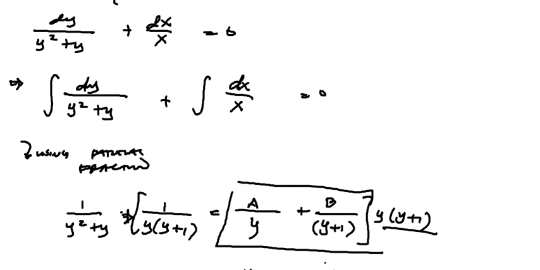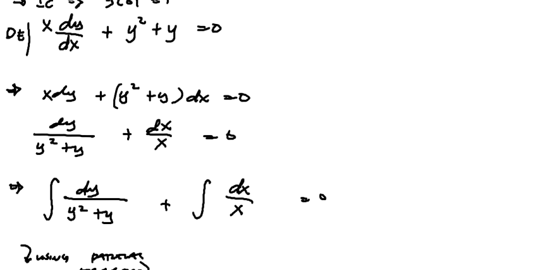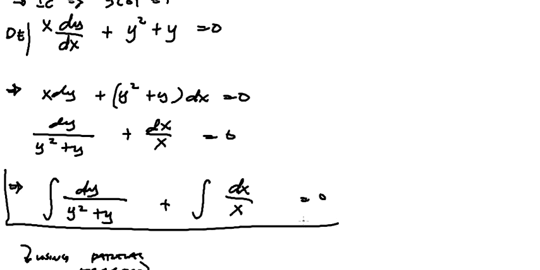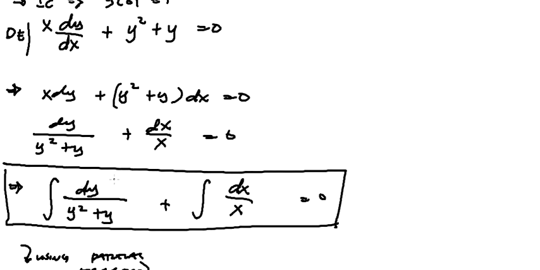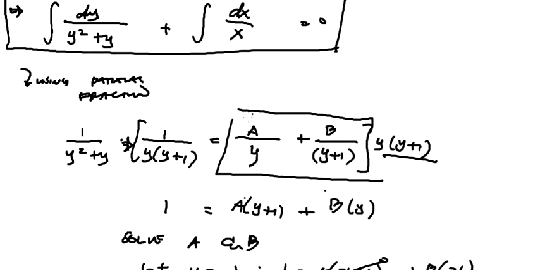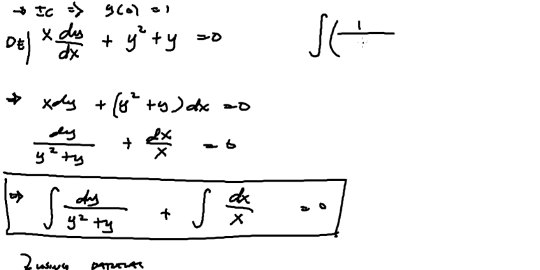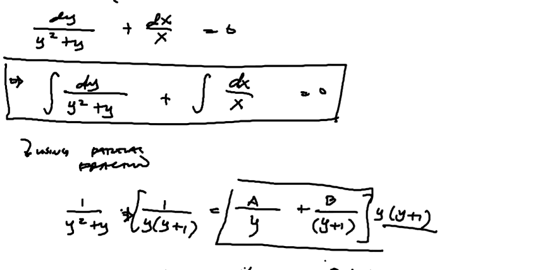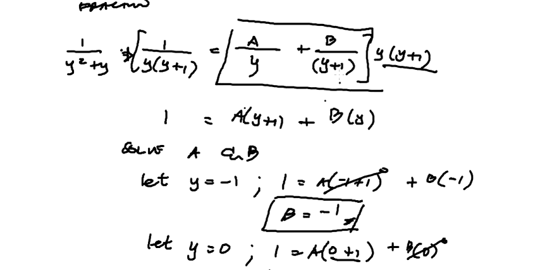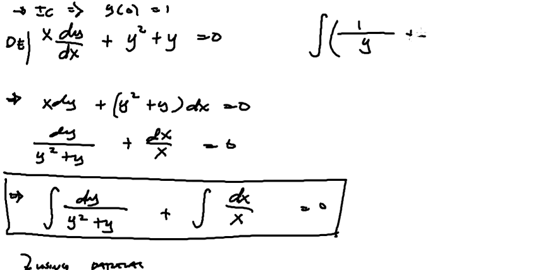Simply, by doing the partial fraction on our first part, dy/(y² + y) is equal to 1/y, since the value of A is 1, plus the value of B, which is negative 1, so we have -1/(y + 1), then dy.